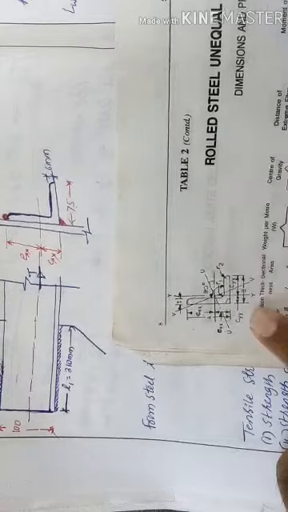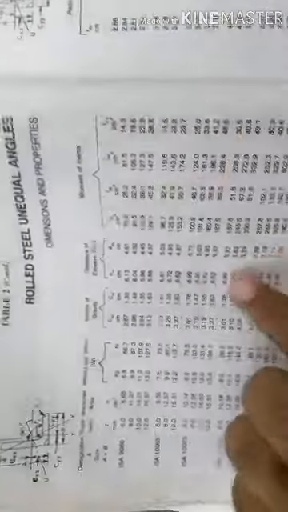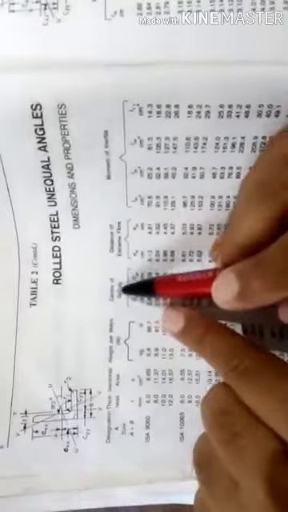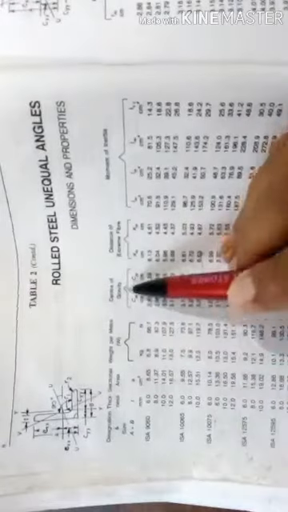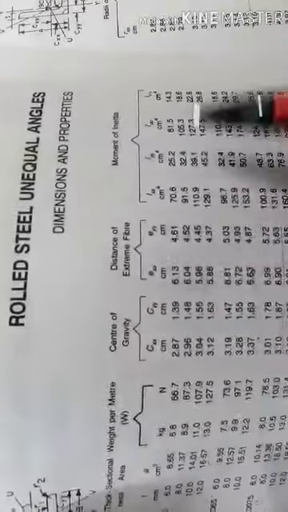You can see here they mention center of gravity, CXX and CYY, EXX and EYY, that is the distance of extreme fiber.